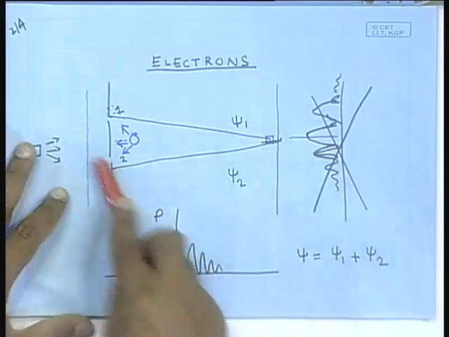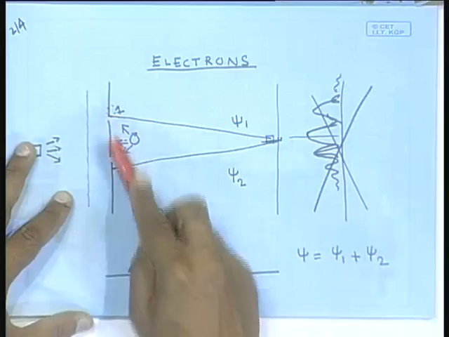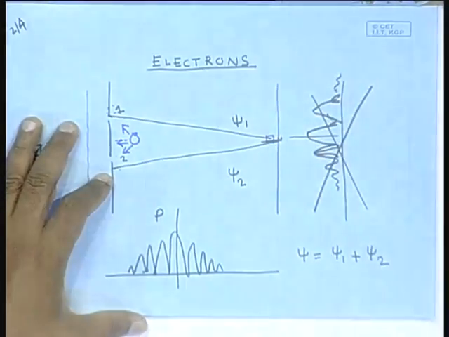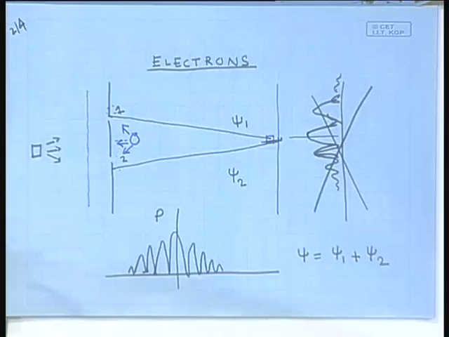What I have told you now is essentially how to interpret the probability amplitude or the wave function. In the situation where we have an electron incident on two slits, you can calculate the probability amplitude psi at any point on the screen by superposing the contribution from the two slits.